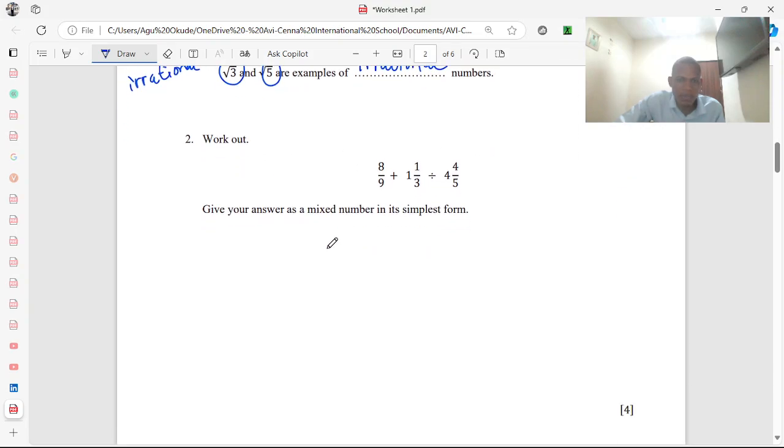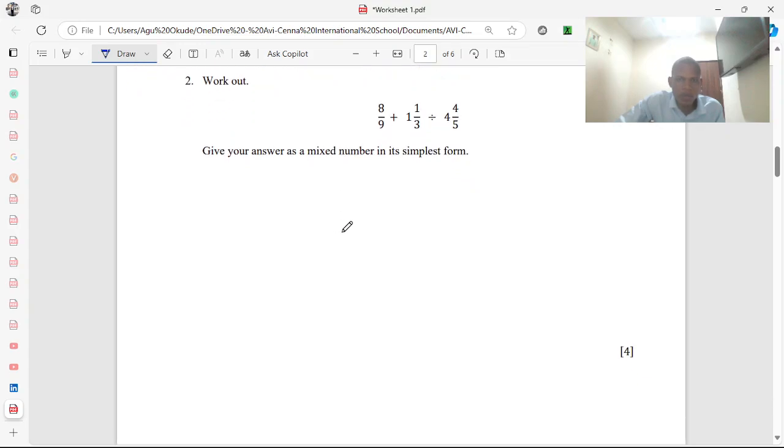Number 2, work out this. Give your answer as a mixed number in its simplest form. So our answer must be a mixed number and it must be in its simplest form. Now I'm going to apply the law of BODMAS here. Since I have addition and division, don't forget in BODMAS division comes first, before addition.